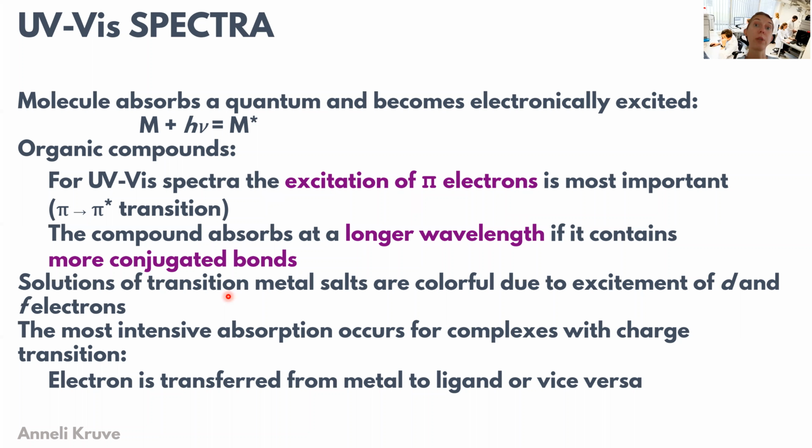For example, the copper solution has a very nice blue color, which comes from the copper and water molecules complex that is formed when dissolving a copper 2 salt. Also, complexes which undergo charge transition from the metal to the ligand or vice versa usually have very intensive long wavelength absorption peaks.